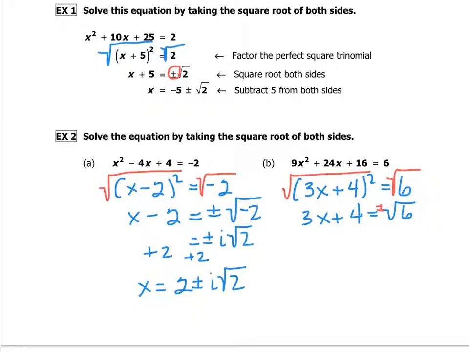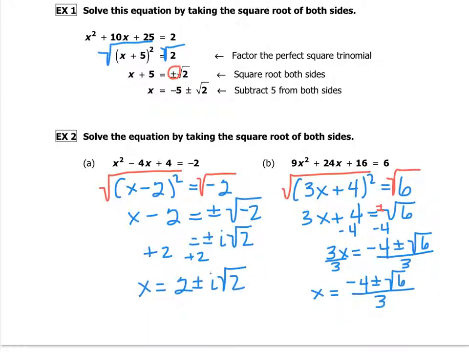Plus or minus the square root of 6. We have two answers. My next step here is to get x by itself. So subtract 4 from both sides. And here's what I have. 3x equals negative 4 plus or minus the square root of 6. My next step is to divide both sides by 3. So I get x equals negative 4 plus or minus the square root of 6 all over 3. And again, that's two solutions.